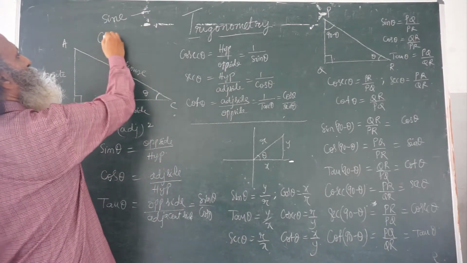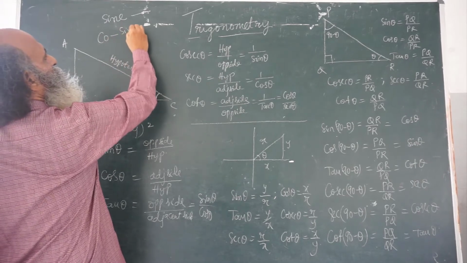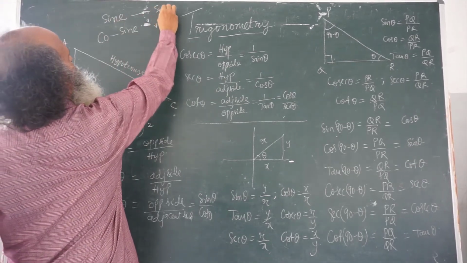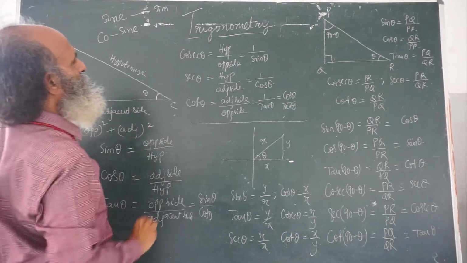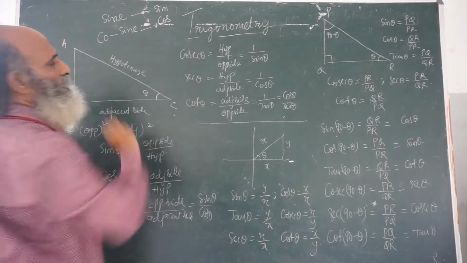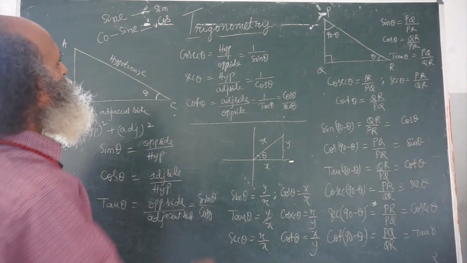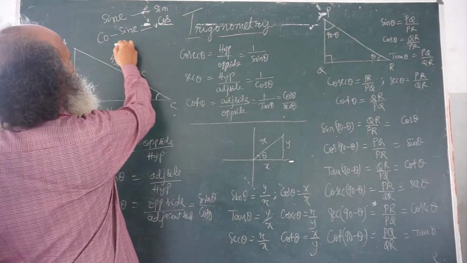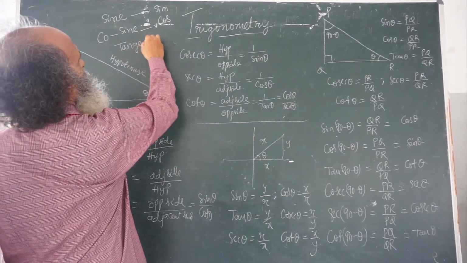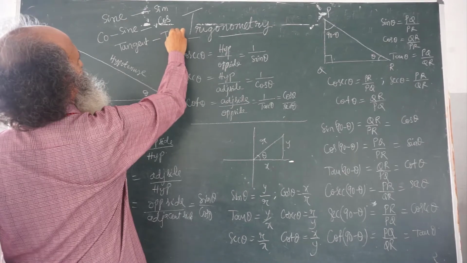The second ratio is cosine. This S-I-N-E sine is written as sin, but don't read it as sin; read it as sine. Cosine, we will read it as cos. And the third is tangent. This is called tan.